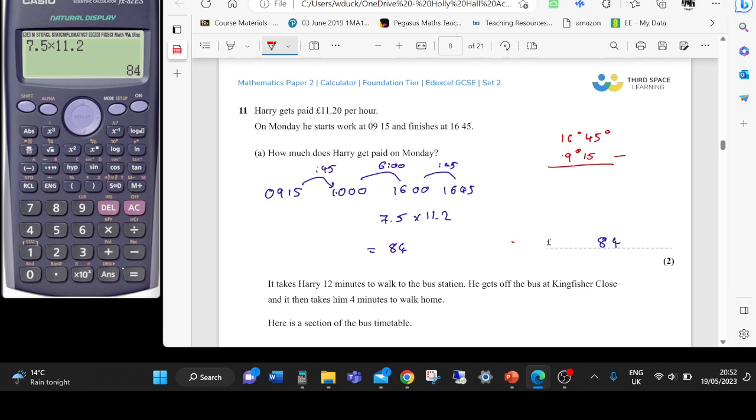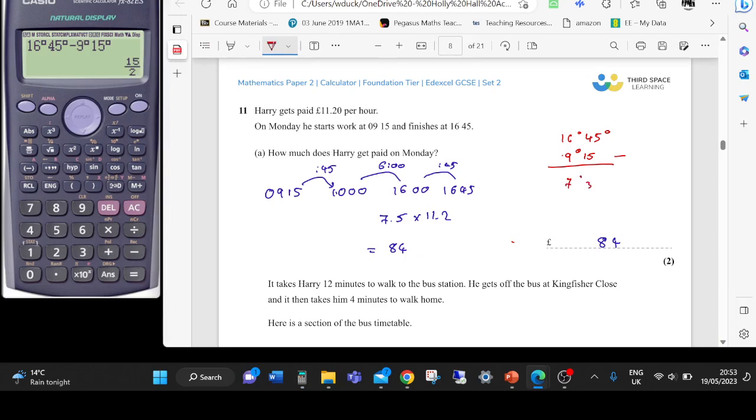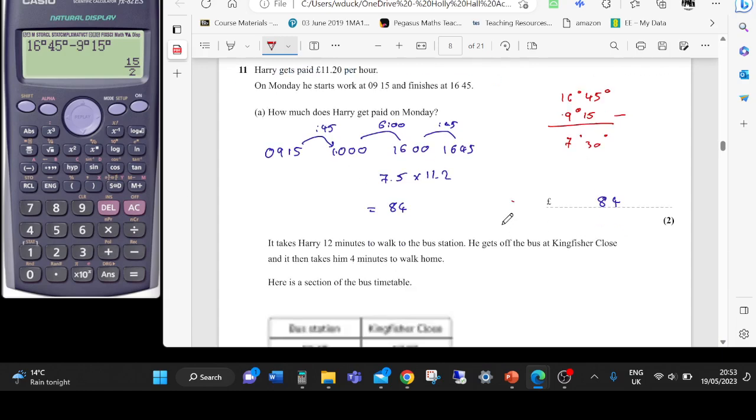That should give me, and we'll see, 16 hours 45 minutes minus 9 hours and 15 minutes, and we get 6 hours and 30. If I want that in decimal, that's the same as 7.5, and then times that. So we had 7.5, and then we'd still times that by 11.2 and still get 84.